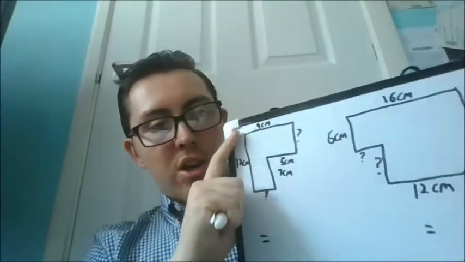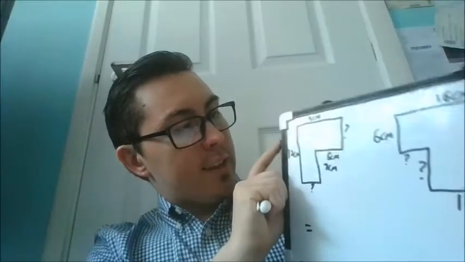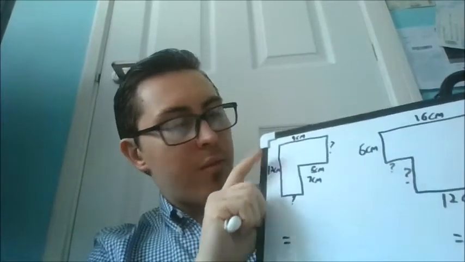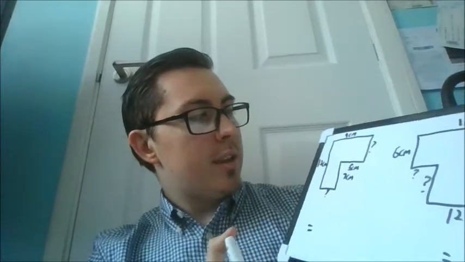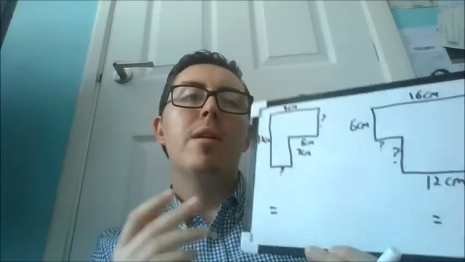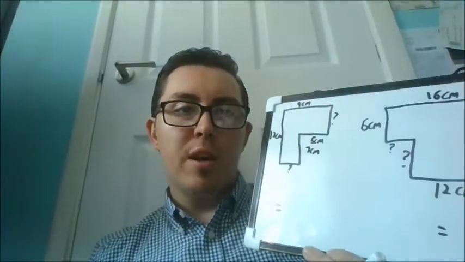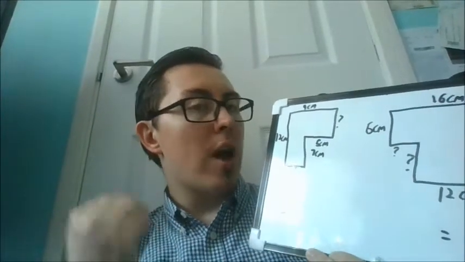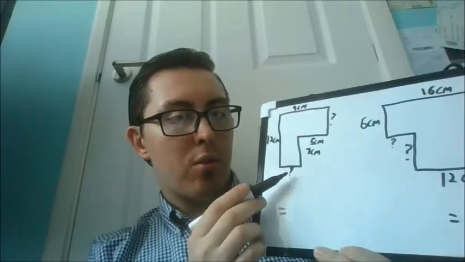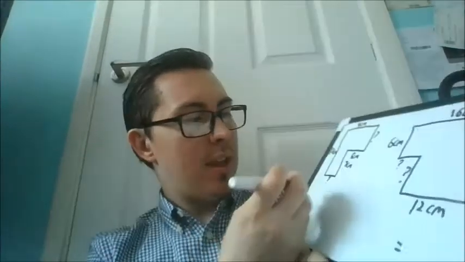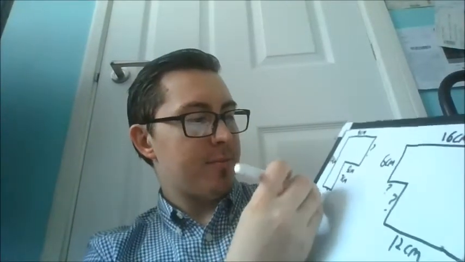So, our total width here is 9 centimetres. What other width do we have? We have 5 centimetres here. So 9 take away 5, or how many you need from 5 to 9? You could do the inverse. So 9 take away 5 is 4. So our width one is 4 centimetres.